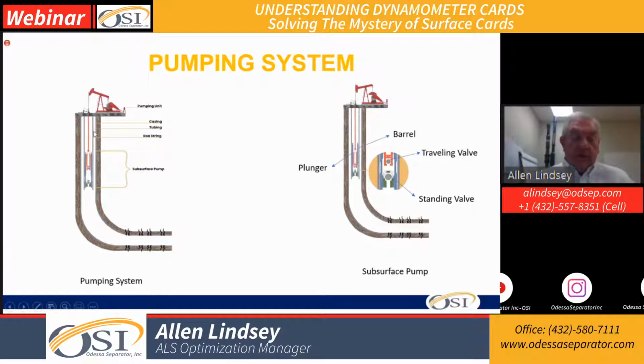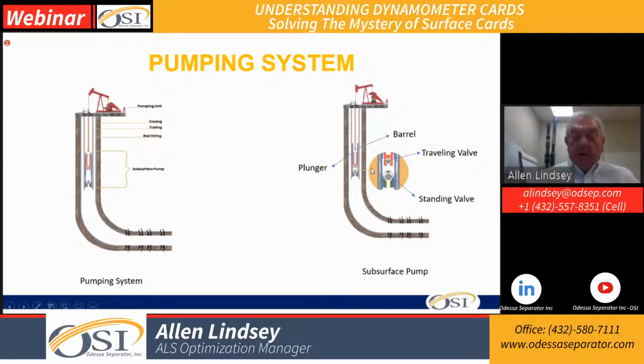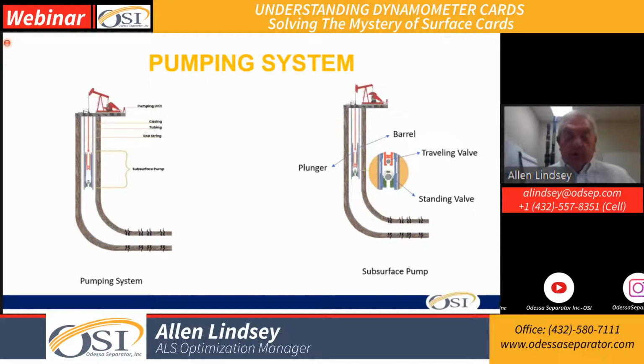The area between the casing and the tubing is called the annulus. The tubing string is filled with liquids and transports liquids to the surface one stroke at a time. The subsurface pump is a positive displacement pump that operates by means of pressure changes in the pump barrel.